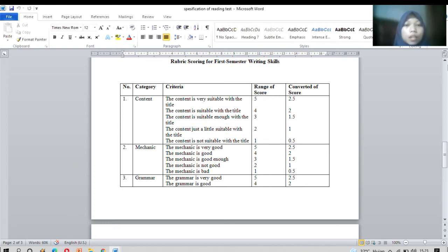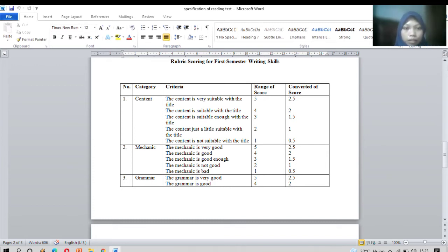The content is very suitable with the title, range of score 5. The content is suitable with the title, range of score 4. The content is suitable enough with the title, range of score 3. The content is just a little suitable with the title, range of score 2. The content is not suitable with the title, range of score 1.